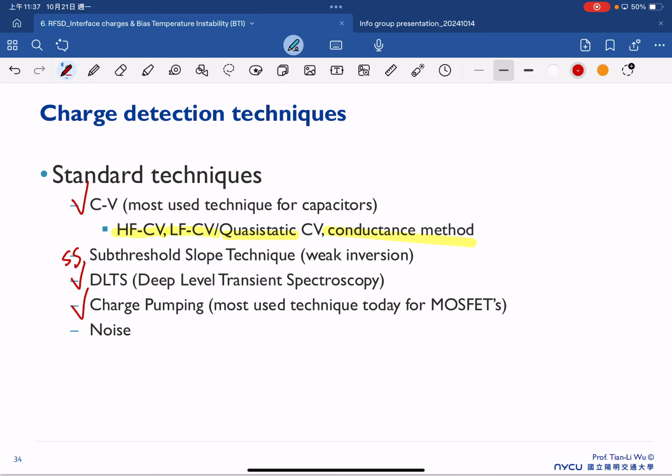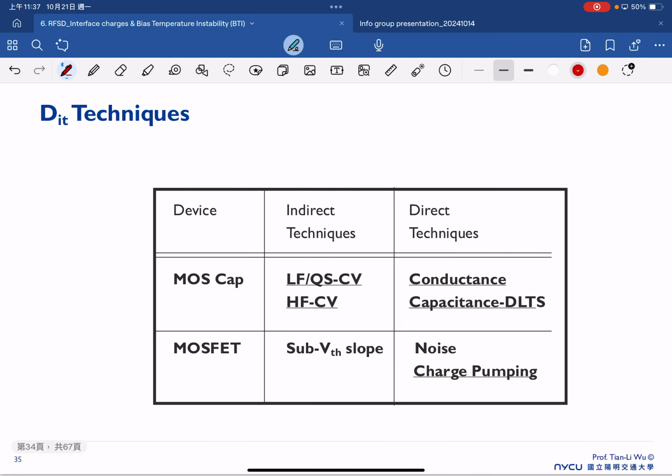Okay, so when we talk about DIT techniques, we can divide them by the type of device that we use. The first one is a MOS capacitor, and the second one is a MOSFET. For the MOS capacitor there is indirect or direct estimation. Indirect, we use low frequency or quasi-static CV or high frequency CV, and direct, we can estimate using the conductance or capacitance DLTS.